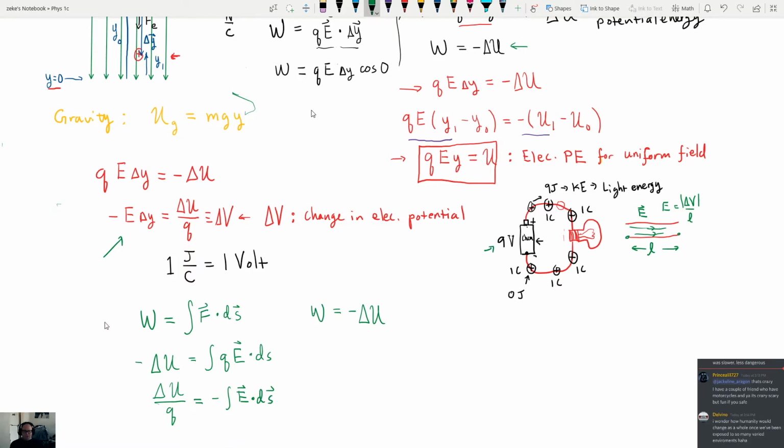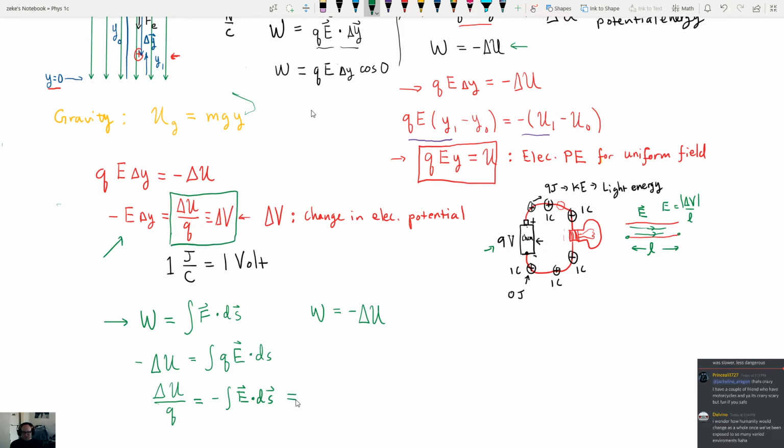So the idea is that we start from the definition of work. We replace everything that we can, such as we replace force with Q times E. And we're going to get the delta U over Q so that we can use this definition right here. We know that if we take the change of potential energy and we divide by the charge, that's going to give us the change of potential.